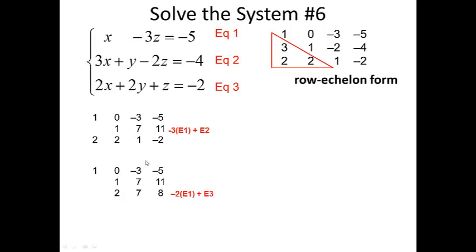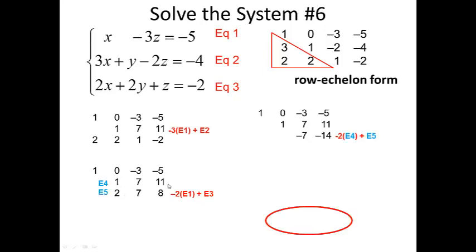Then multiply the top one by -2 and add it to the last one. Then you can multiply this by a -2 and add it to the last one, and we get this, which gives me 2, -3, and 1 if you back substitute up to the top.